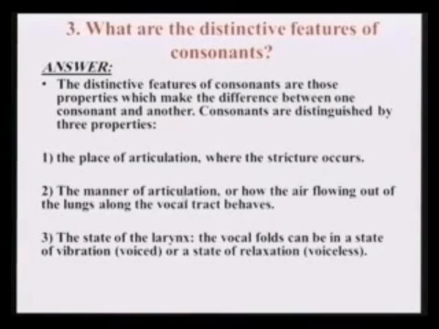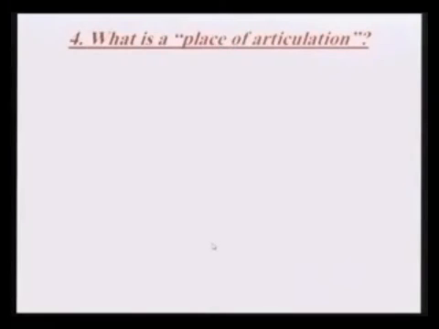The manner of articulation, how the air flows out of the lungs along the vocal tract, how the air behaves. The state of the larynx, the vocal folds can be in a state of vibration, voiced, or a state of relaxation, voiceless. These are the three distinctive features of consonants.